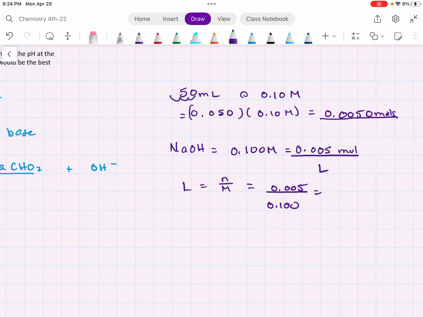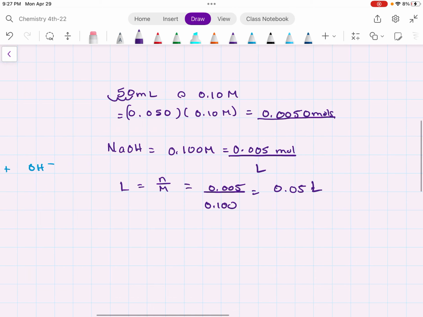So that's going to get me 0.05 liters. Okay? If I convert this to milliliters, that means I'm going to have to add 50 milliliters of the NaOH to reach the equivalence point.